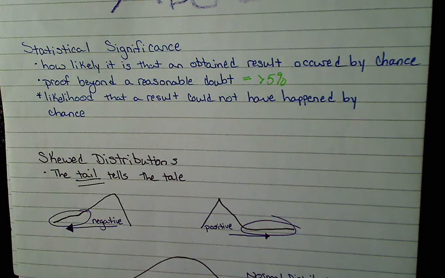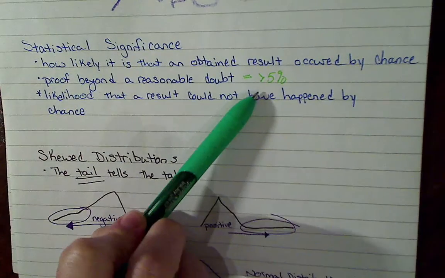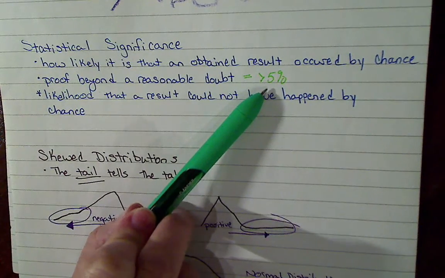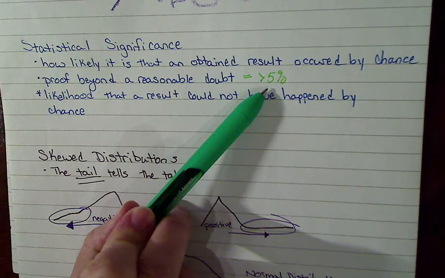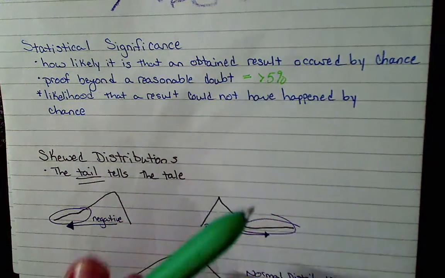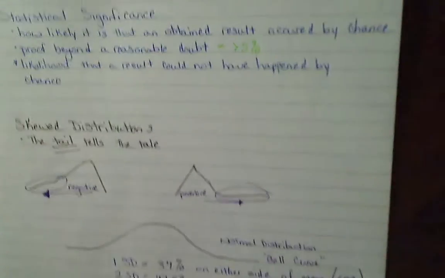The best way to remember statistical significance is the likelihood that a result could not have happened by chance. If it's less than 5%, then your findings are statistically significant. So I wanted to make sure you get that number and understand what statistical significance is.